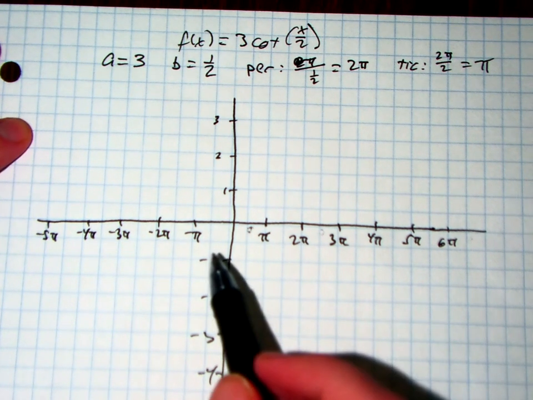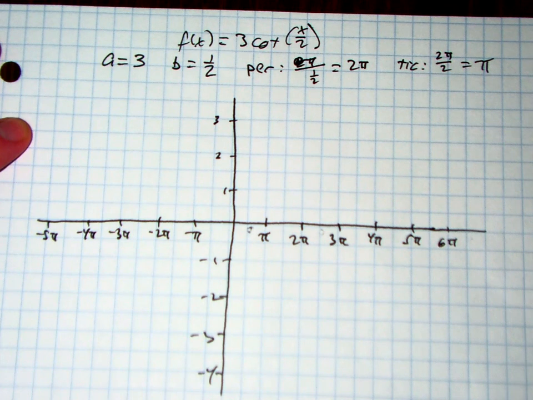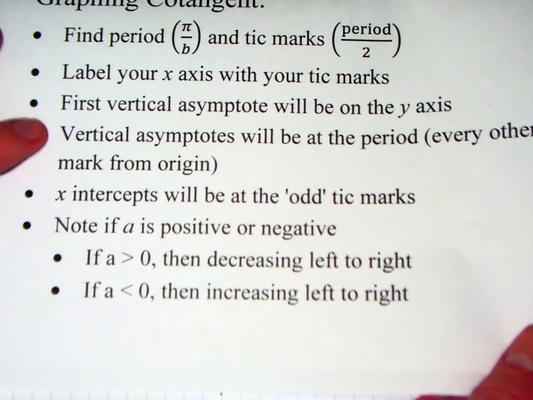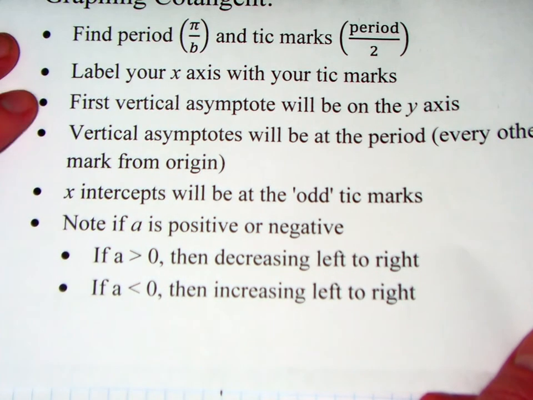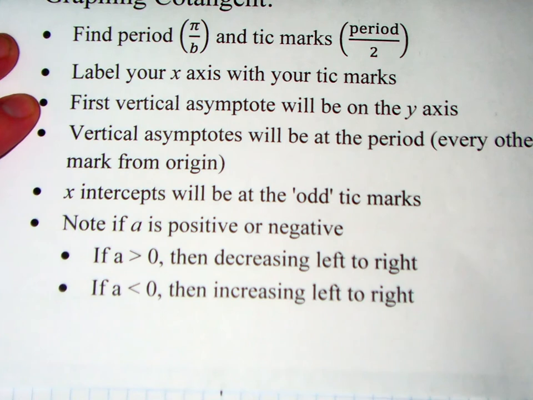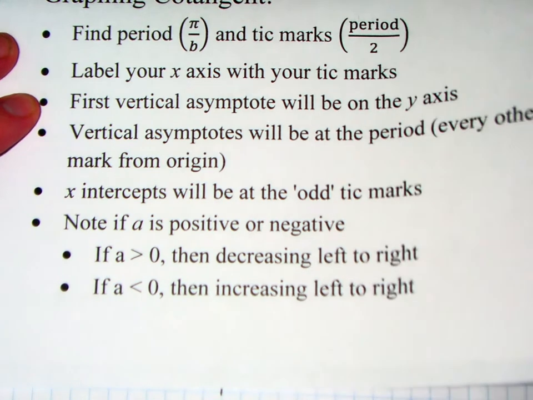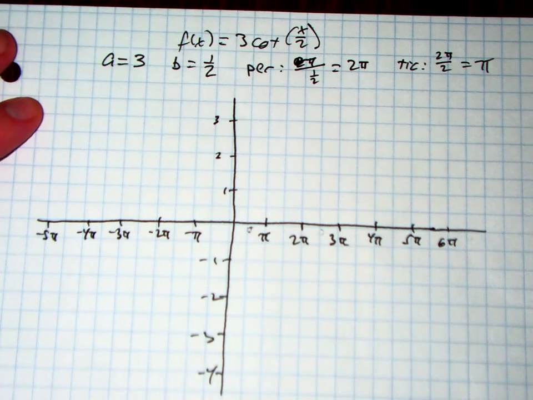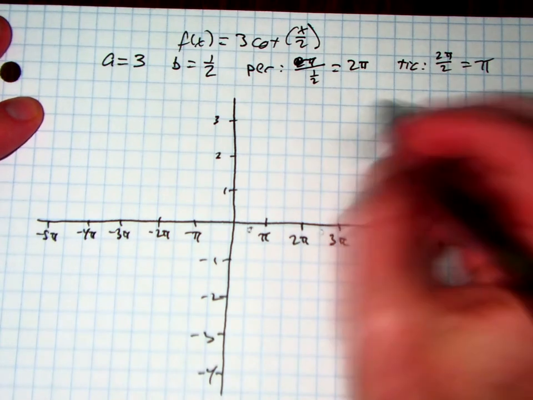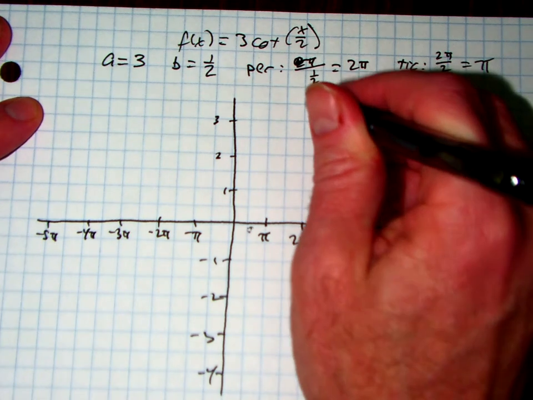So, on the steps that I had up there a moment ago, we saw that on the y-axis, it's going to be my first asymptote. And then every other tick mark, in other words, at the period, we're going to have the asymptotes. So at 2 pi is going to be an asymptote.